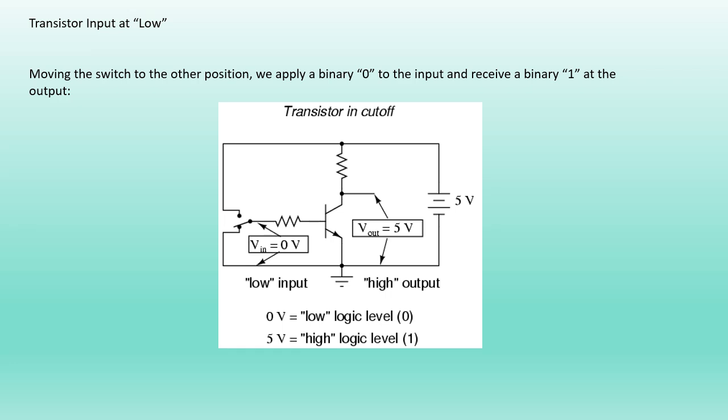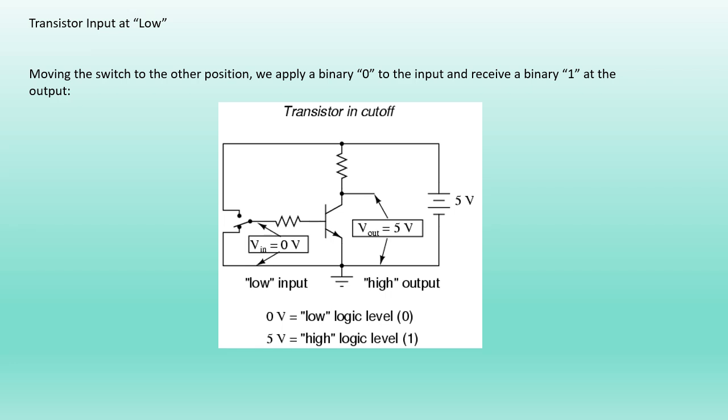Transistor input values at low input voltage. When the switch moves to the other position, the input becomes a low value, which is binary 0, and the output becomes a high value, which is binary 1. So this circuit gives the opposite output compared to the input value.